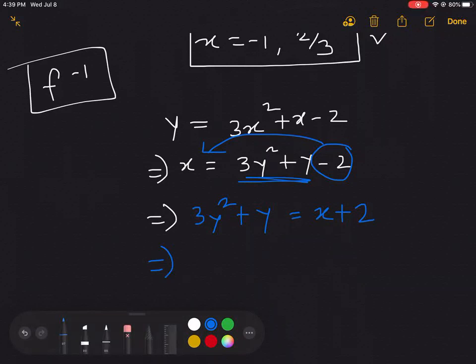It's a polynomial, right? Logarithm for the inverse.